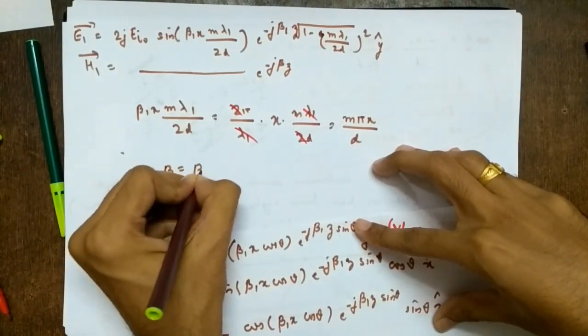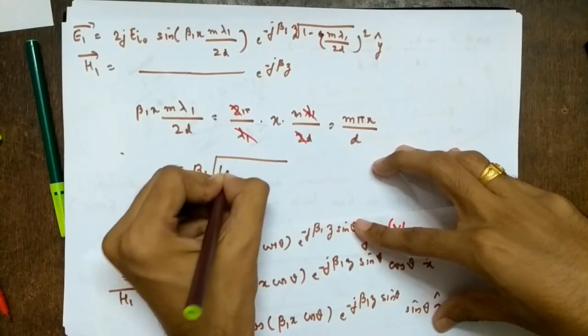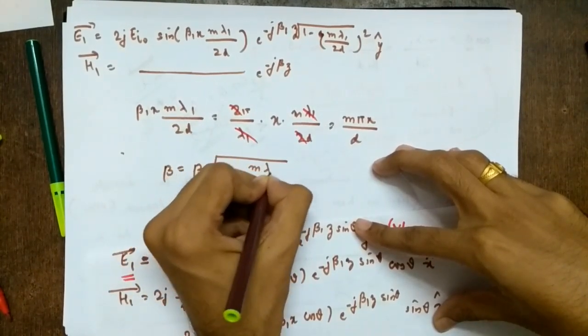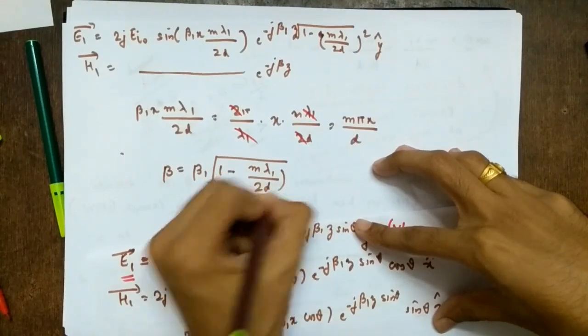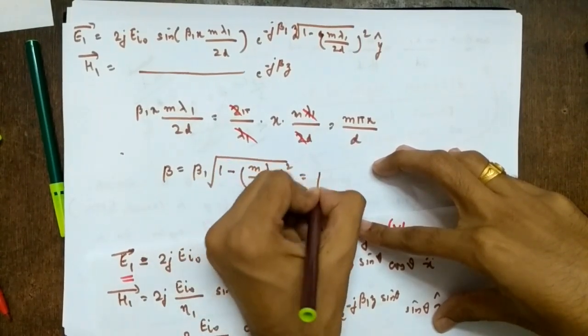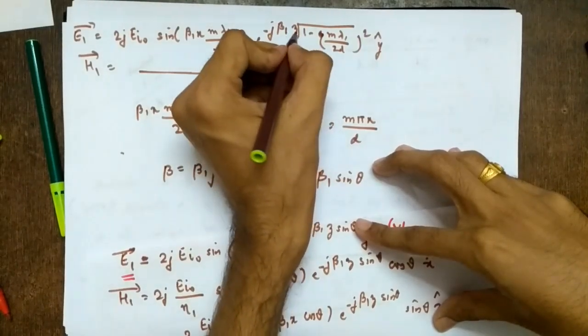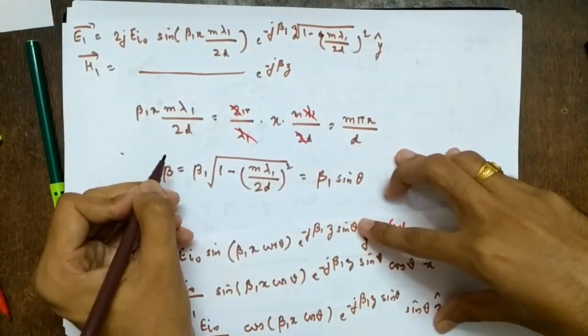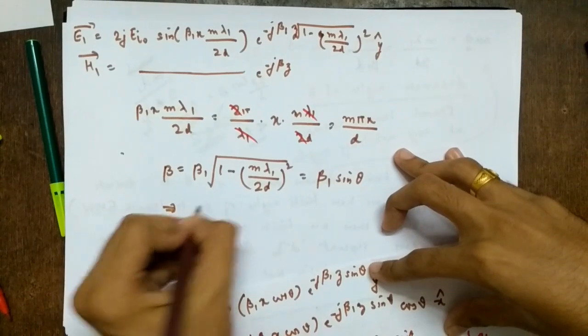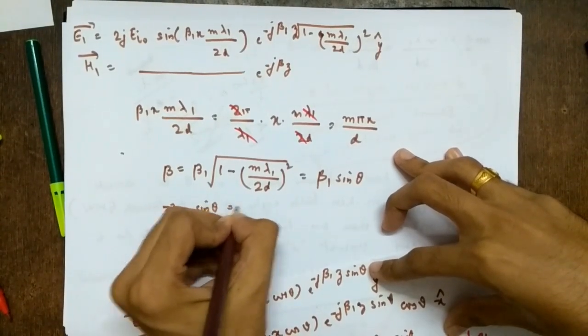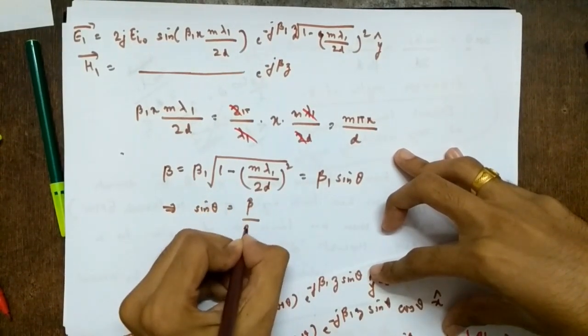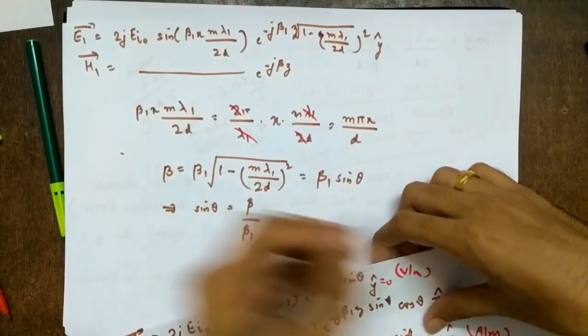Beta equal to beta 1 square root of 1 minus m lambda 1 by 2d the whole square, and this is nothing but what? Beta 1 sine theta, because we had written this as square root of 1 minus cos square theta, right? So what does it imply? Sine theta equal to beta upon beta 1, right?